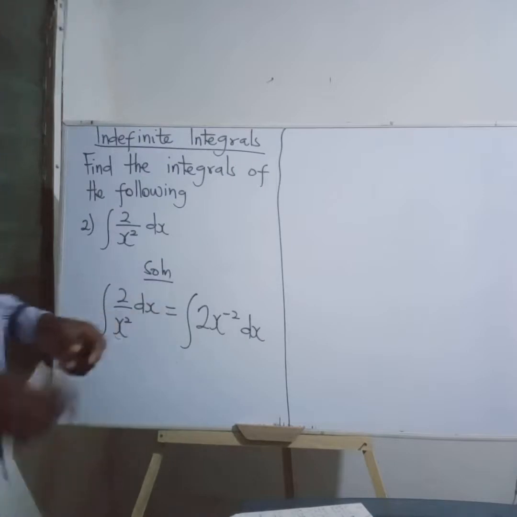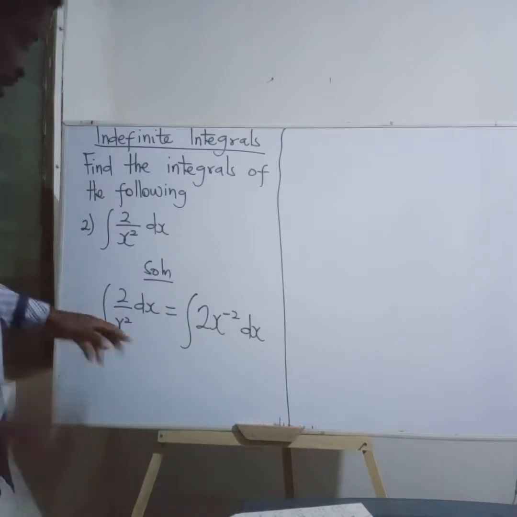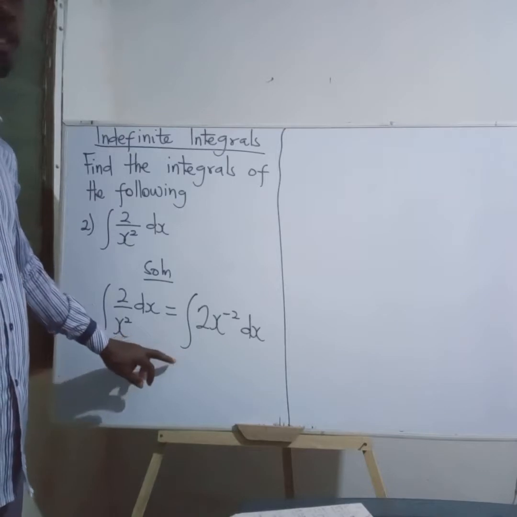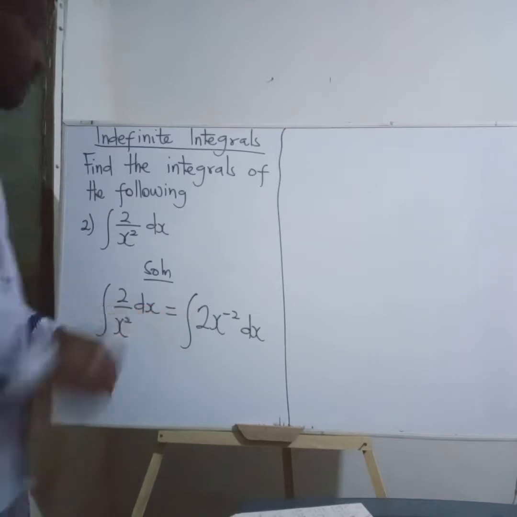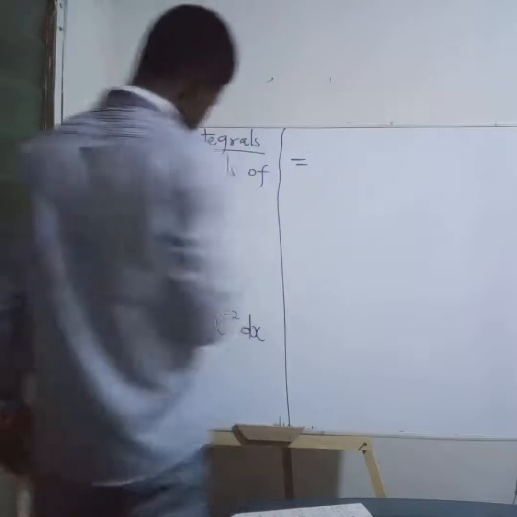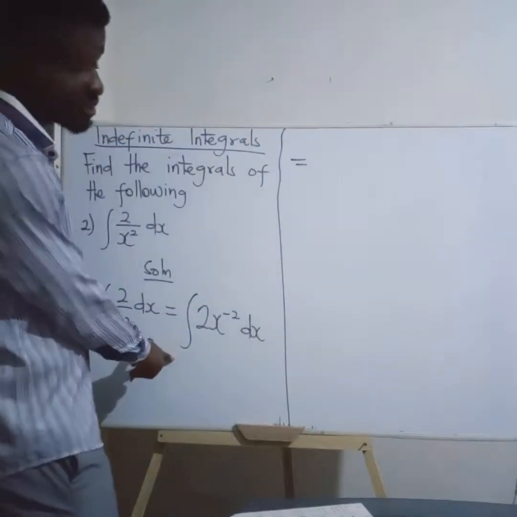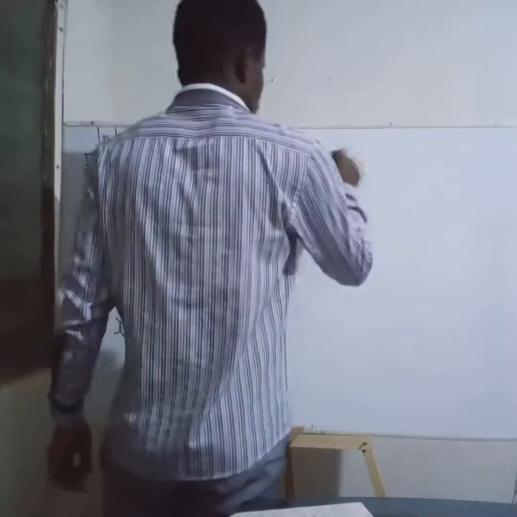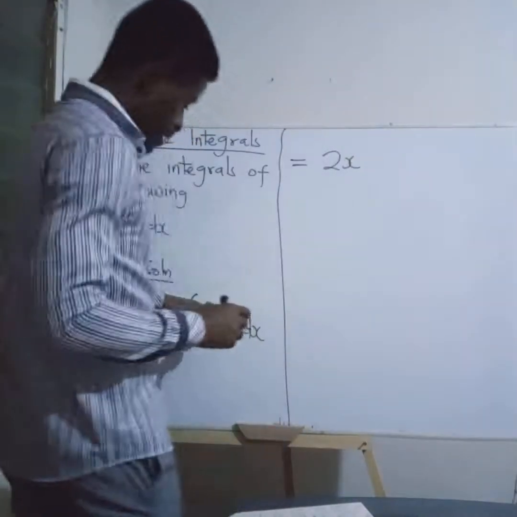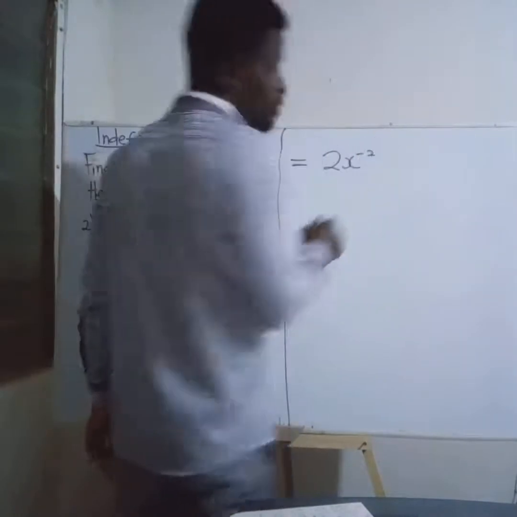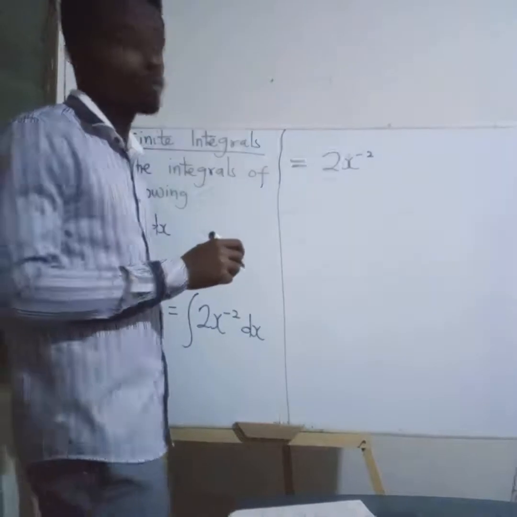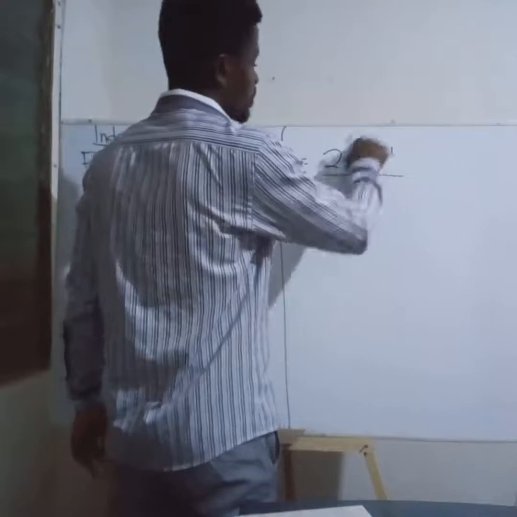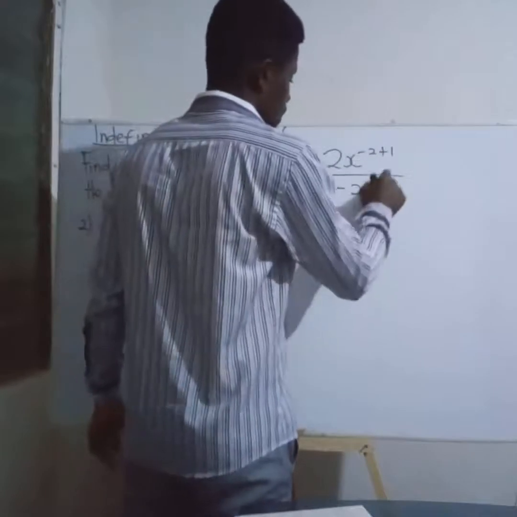Now let's take note of something here. I'm still having the integral sign here because I haven't started to integrate. But when I'm about to integrate, you will not see the integral sign again. So let's take note of that. So you get 2x negative 2, and the rule of integration says add 1 to the power, divided by the whole power, which is negative 2 plus 1.